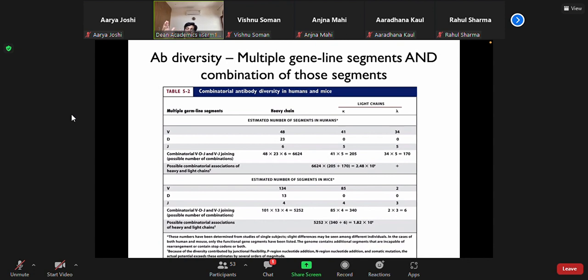For example, if you come up with any combination, V1, D1, J1 for the heavy chain, and V1 and J1 for the light chain, all the receptors will have exactly the same recombination. It cannot have a different recombination on one particular cell. Obviously, for other cells this might be different. So all several thousand receptors that are present will have exactly the same antigen specificity. Right, sir. Yeah.